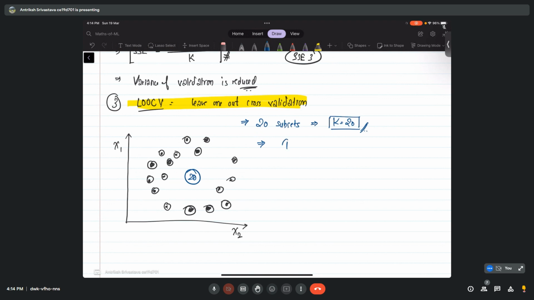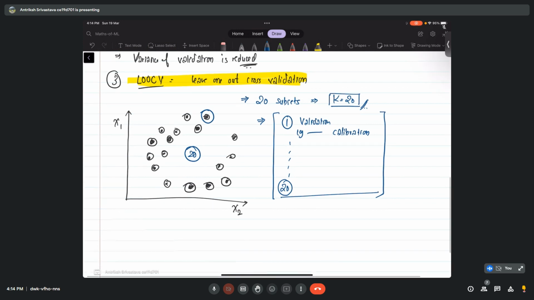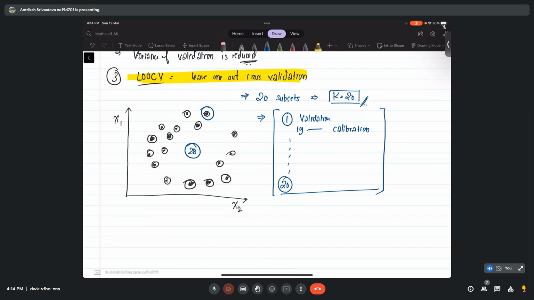Now what we do, the first time we'll take this for validation, and we'll take the other 19 for calibration, and we'll do this same process 20 times. So this is the basic idea behind leave one out cross validation. This is supposed to be good if you have a small amount of data. Let's say you have a small data set, then it is considered good.